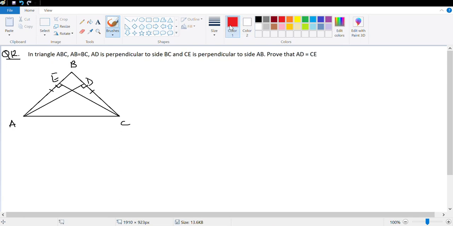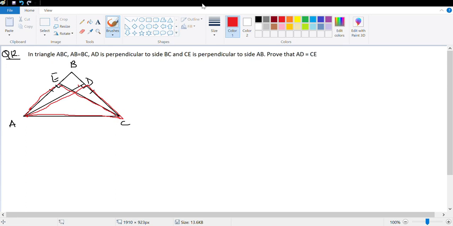So let's see which two triangles we want to prove congruent. We have AD and CE. Either I can look at the upper triangle or I can look at the base triangle. So let's look at the base triangle this time, which is ADC and AEC. Maybe we should be able to get something.